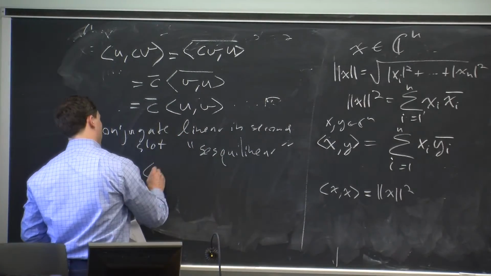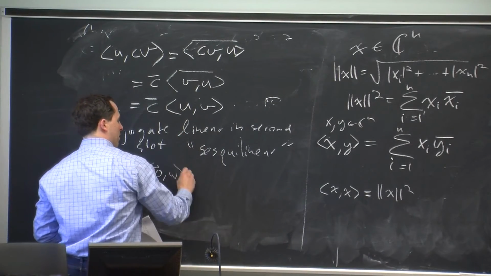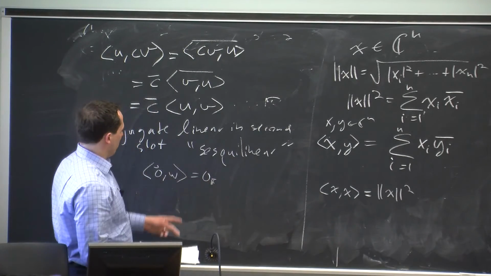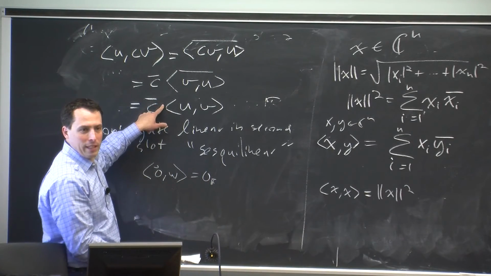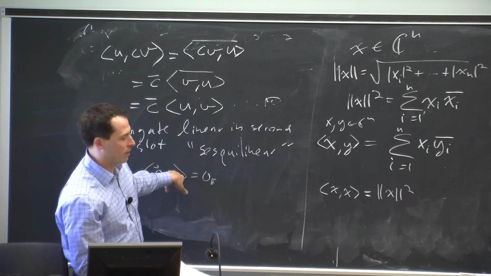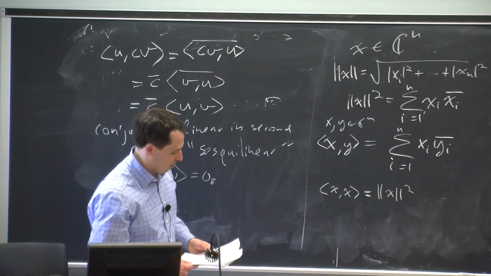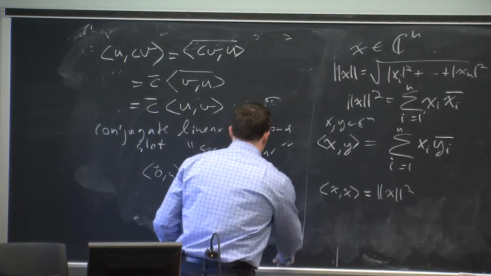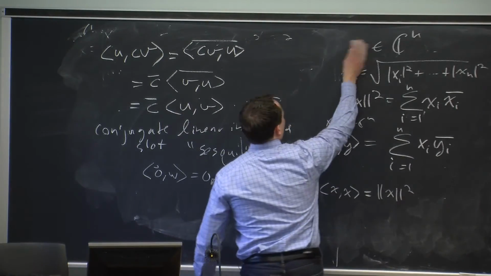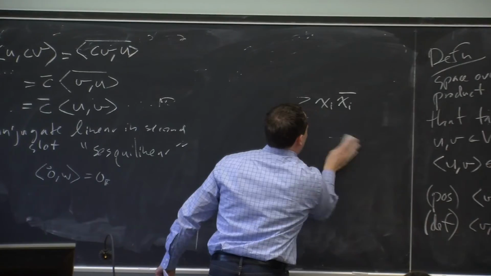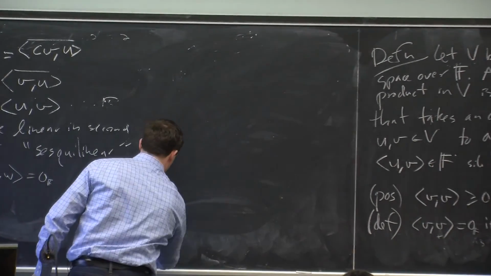You should also note that if I take the inner product of the zero vector with anything, I get the zero field element by scalar multiplication. Multiply anything by zero, it's going to have to be zero when I pull it out, no matter which side I do that. OK, so that's our definition of inner product and some of the immediate consequences of it, which sometimes get packed into the definition, depending on your source.